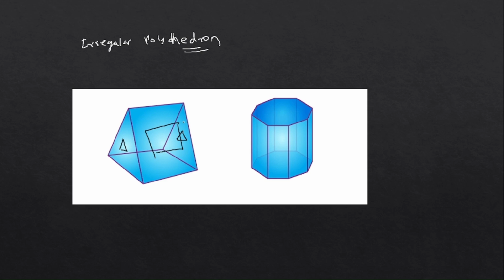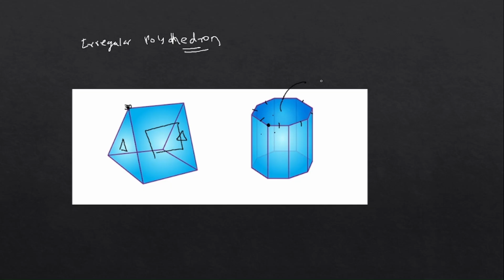For example, this is touching 1, 2, 3. This is also touching 1, 2, 3. Every vertex is touching three faces, but the difference is that every face is not a regular polygon. In this particular case, this vertex is touching 1, 2, 3 faces. So every vertex is touching three faces, but this, 1, 2, 3, 4, 5, 6, 7, 8, is an octagon.